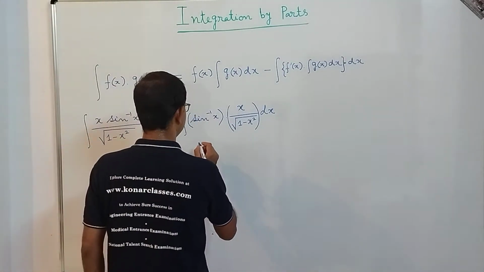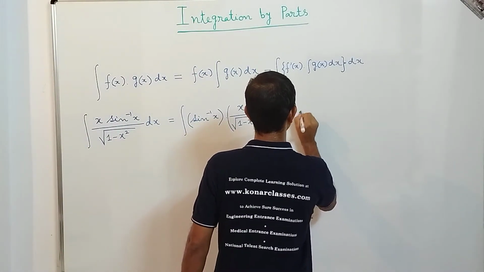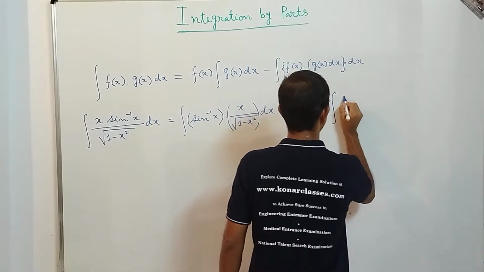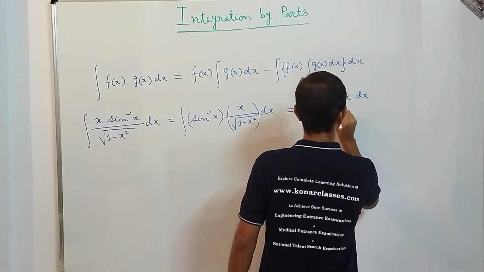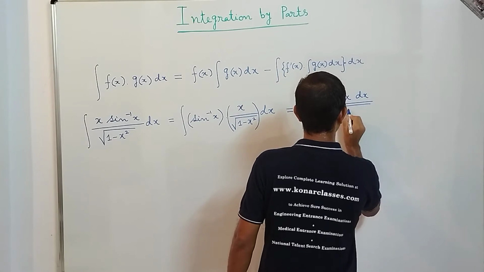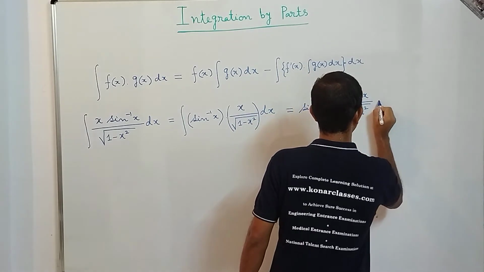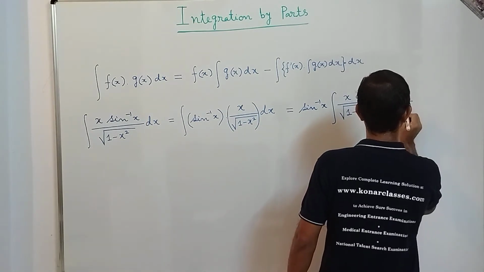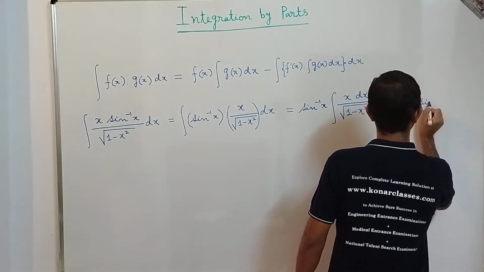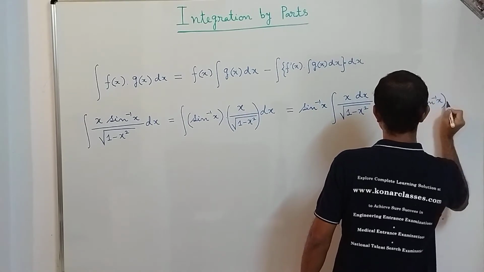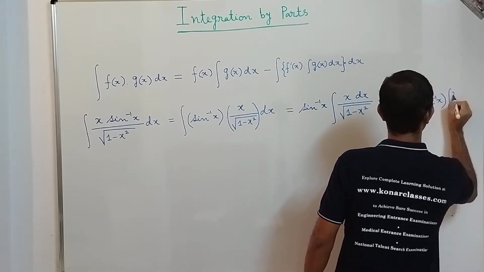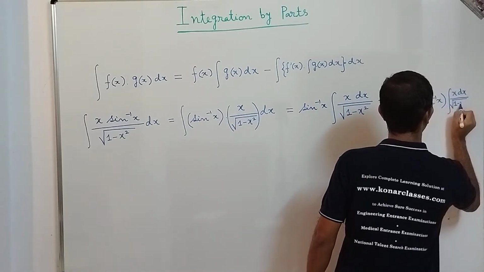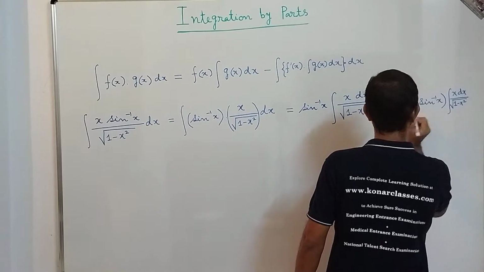So what we should write here, dear students, is that this is equal to sin inverse x into integration x dx divided by square root of 1 minus x square, minus integration, that is d dx of sin inverse x into integration of x dx divided by square root of 1 minus x square, and then complete dx.